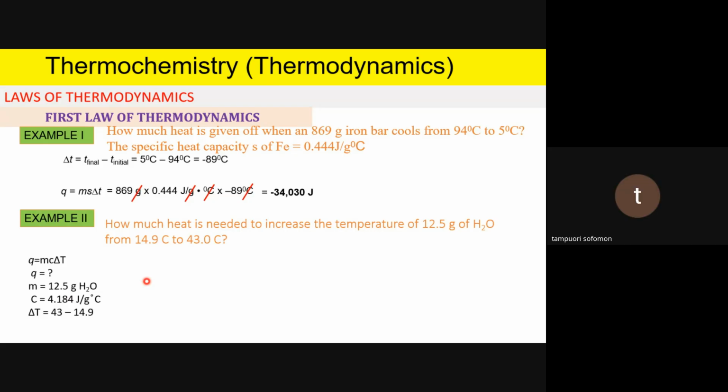Not inside the question, that's why it should be given. If it is not given, request for it, otherwise you can't proceed.